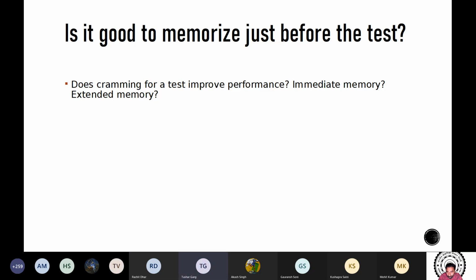When we have an exam, we have a tension that I have forgotten about that. So we just open that topic and we read it. But it only remains up to the exam hours. If you revise after two days, you will not remember that topic which you have crammed at that time.